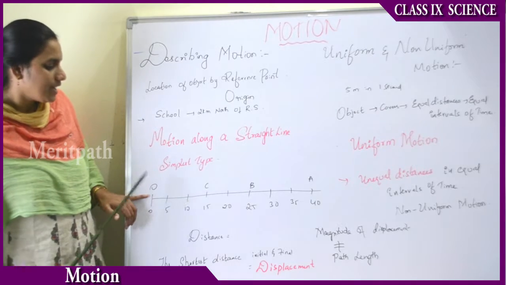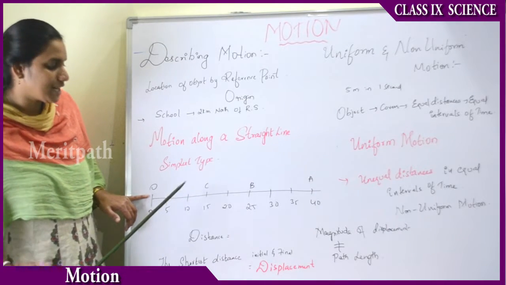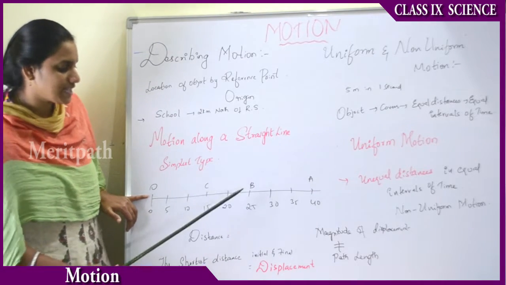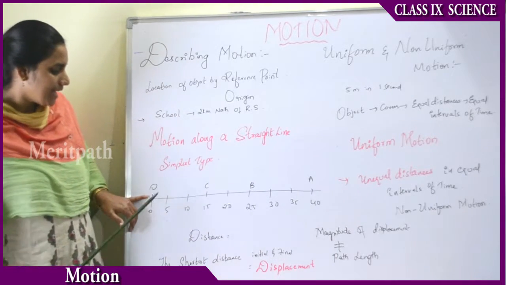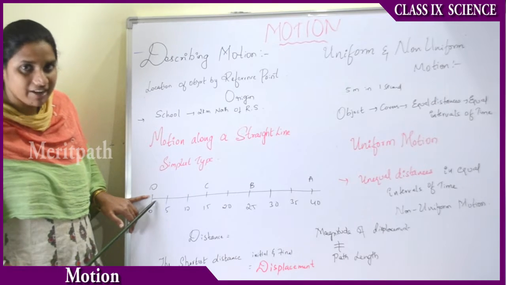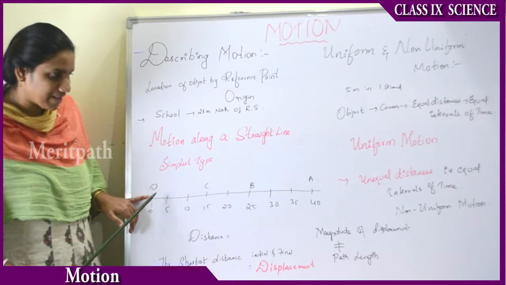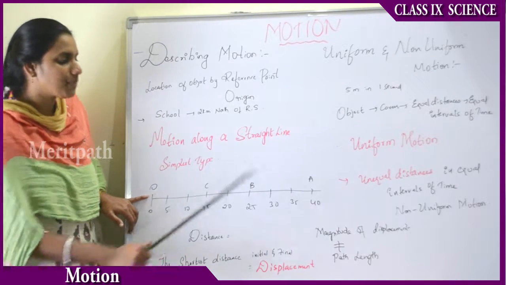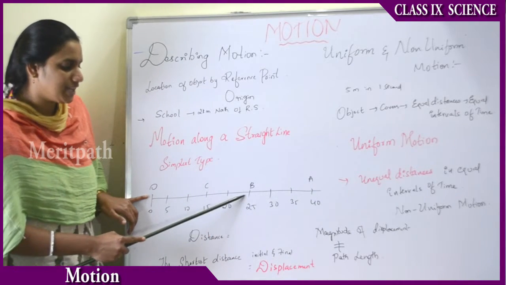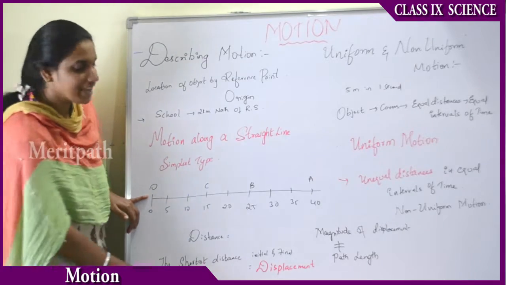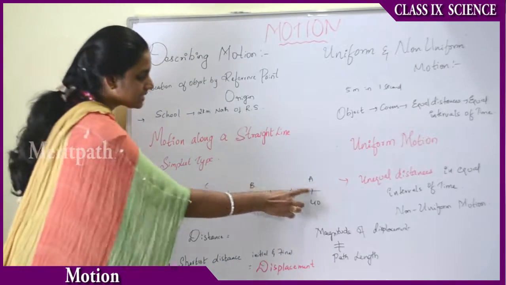The distance covered by the object at particular points is noted down, that is at points B, C and A. The object travels from the origin O, the reference point, up to A, and then comes back in the same direction up to B. That means it travels a distance of OA plus AB.